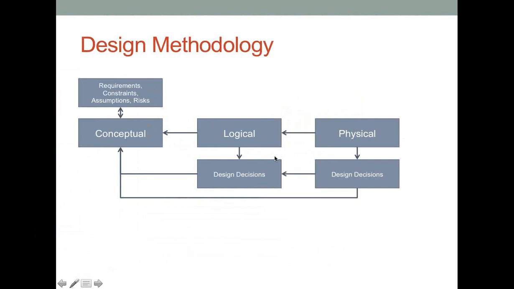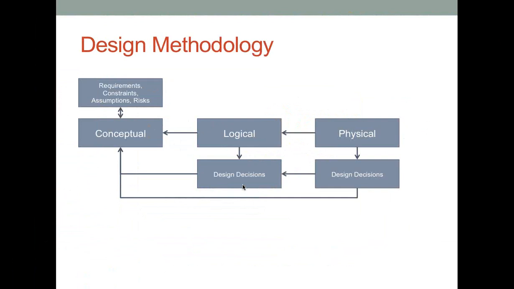But as you start making your design decisions and building out that logical model and logical design, you're going to make design decisions. Those are not going to be just based on availability like what we're talking about today, but also things like recoverability, manageability, and so on. And you might take some risks. As you take risks because of reasons like, for example, cost, you then go back to your conceptual model and add to it.